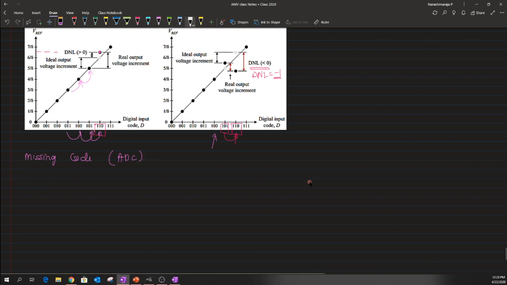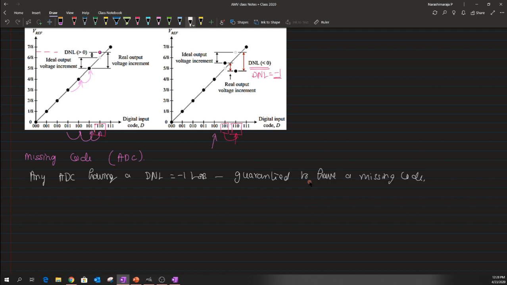Let me write this as a statement: an ADC having a DNL value equal to minus 1 LSB is guaranteed to have a missing code. Now, let me explain this phenomenon with a transfer function.